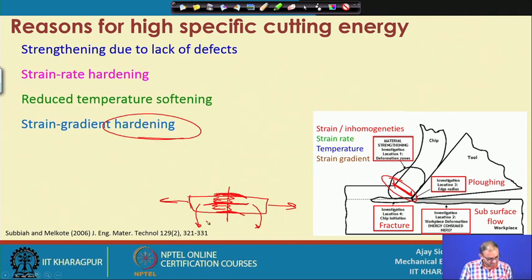So this is bending and this is tension. In tension you will not get that much strain gradient, because it is uniform strain throughout the material, but when you bend it, it is variable. The same thing happens here: in one location you are getting a very high strain and in another location a low strain within the same specific zone. So that is also one of the reasons for high specific cutting energy.